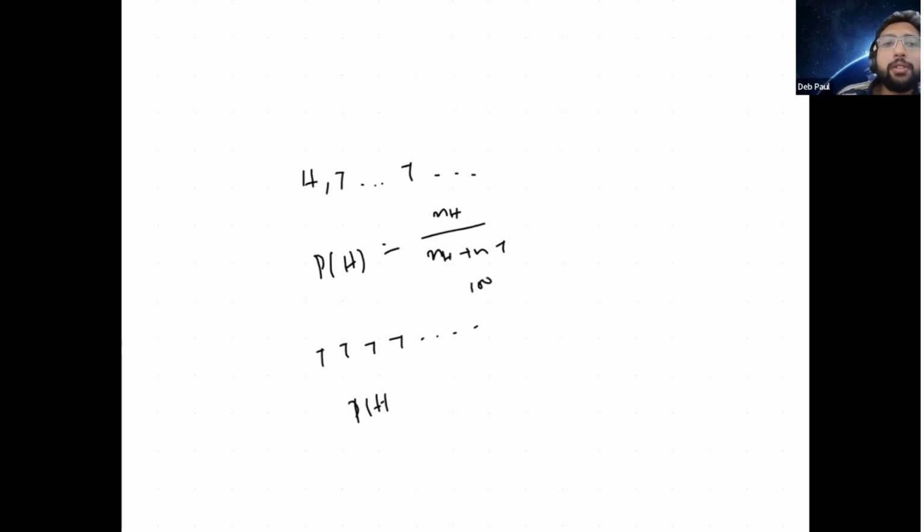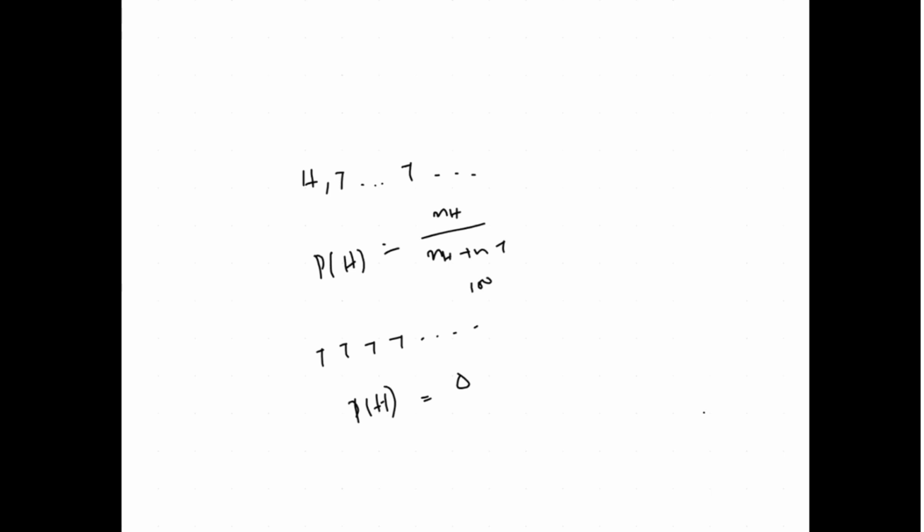What is my probability of head in this case? If all are tails, then the probability will be 0. But I'm asking you, is this a right estimation? If I have all of them tails, is the probability of head really 0?